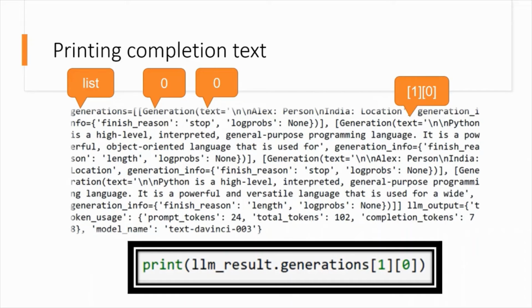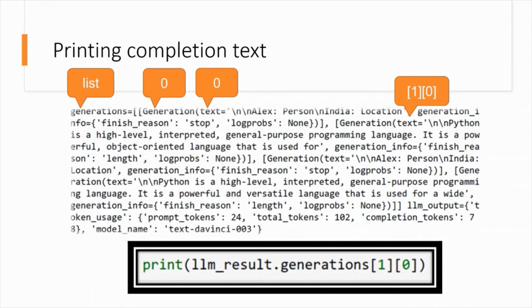It's the generations list. The completion content for the first prompt is stored at index 0 in the list. Similarly, the completion content for the second prompt is stored at index 1. The text content for the first result of the first prompt can be accessed from generations of 0, 0 dot text.